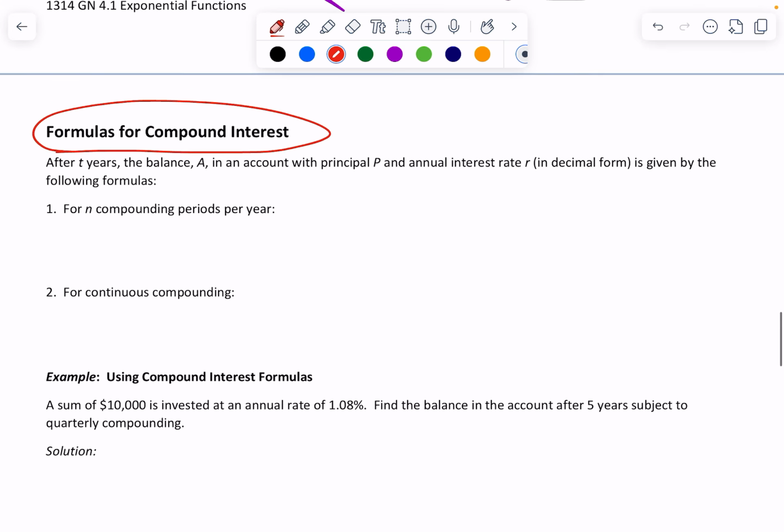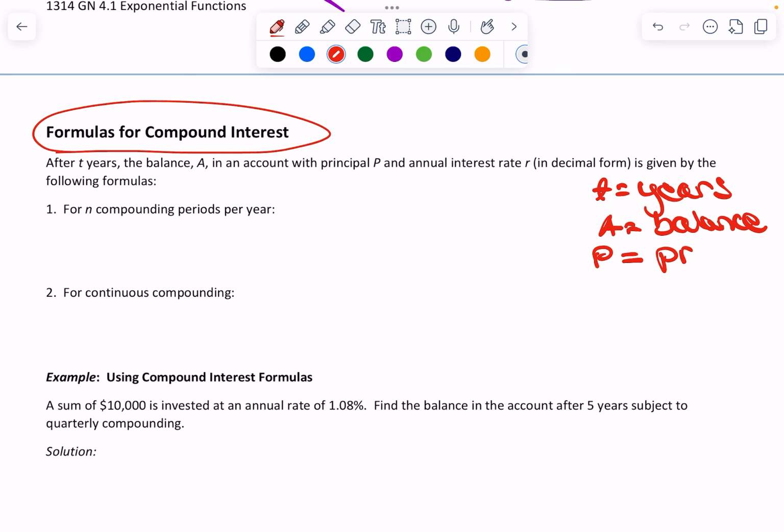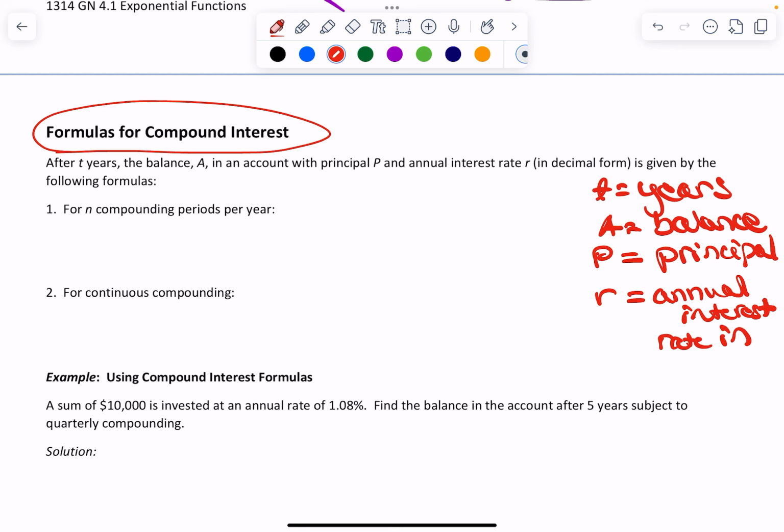So we have T is the years, A is the balance, P is the principal, so the initial deposit, and R is the annual interest rate in decimals.